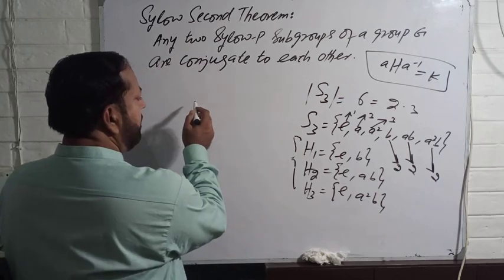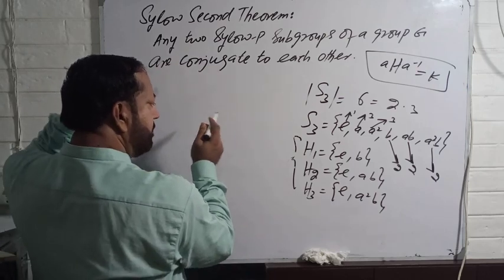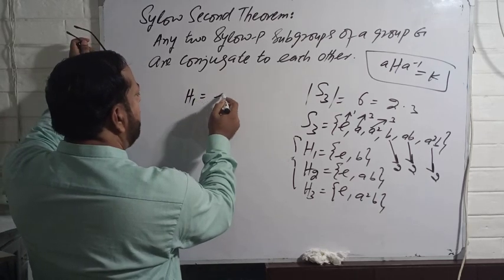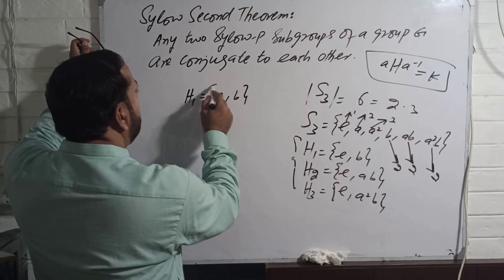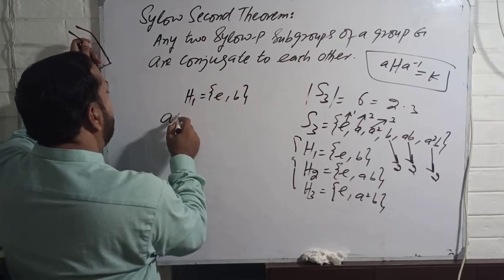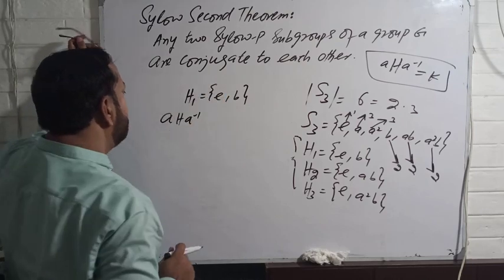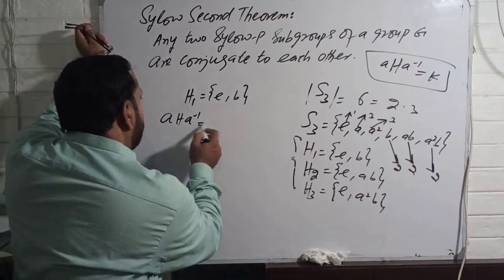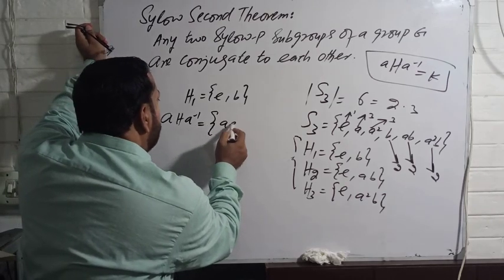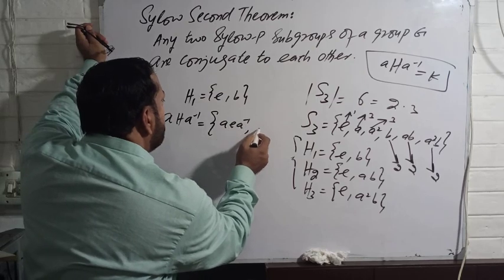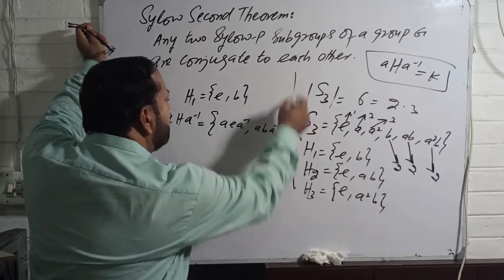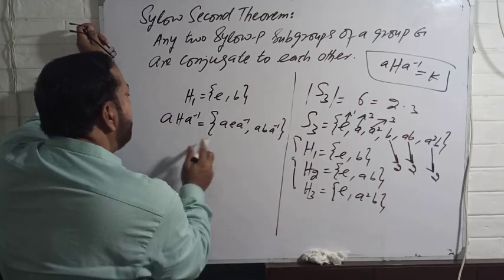So first, H1 is equal to {E, B}. If I multiply by A H1 A inverse, then what will happen? This is A E A inverse, A B A inverse. Try to simplify this.